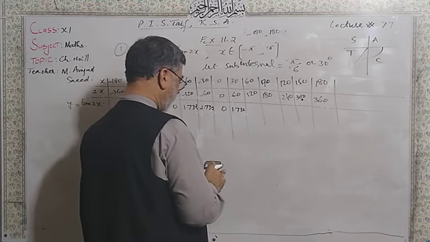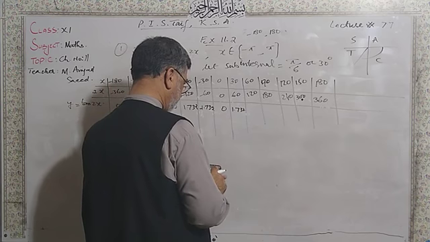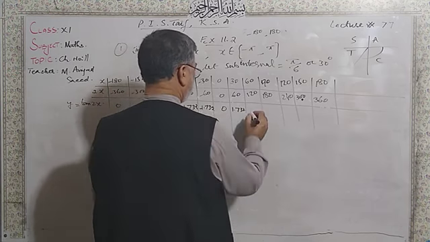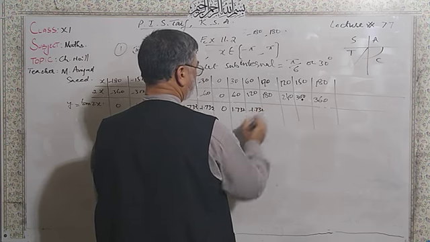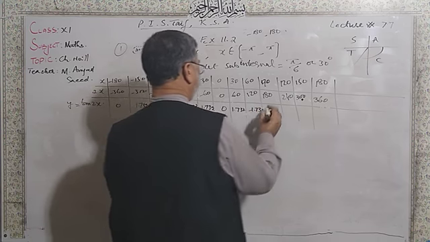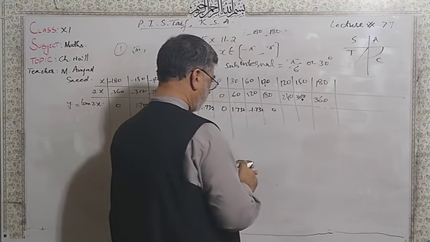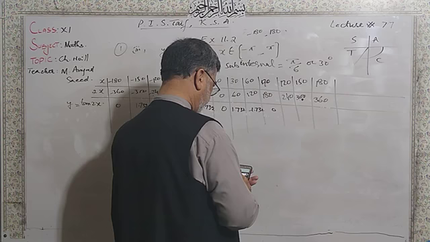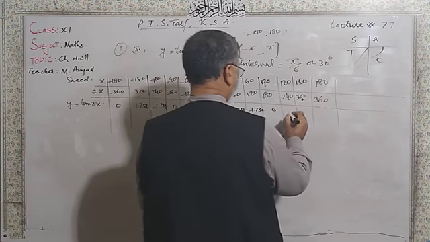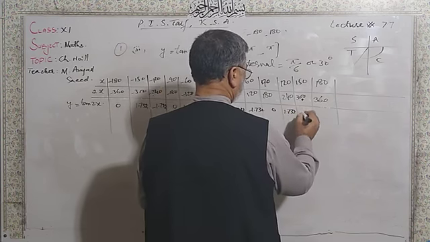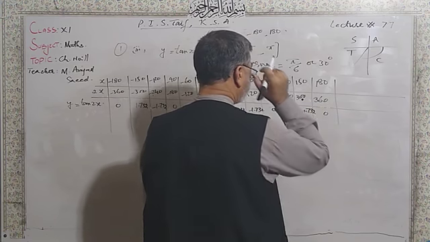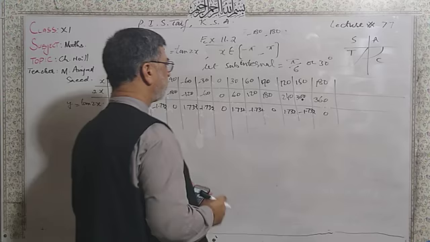And tangent 120 is minus 1.732. Tangent 180 is 0. Tangent 240 is 1.732. This will be minus 1.732, and tangent 360 is 0.